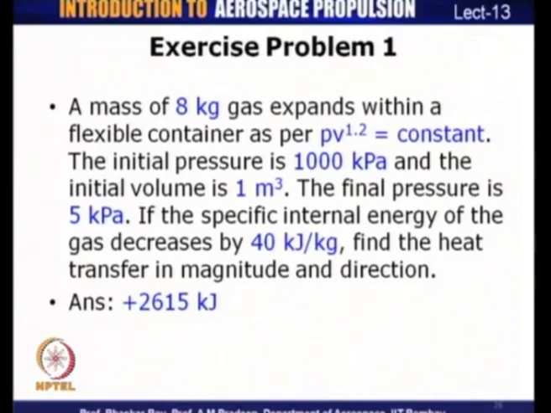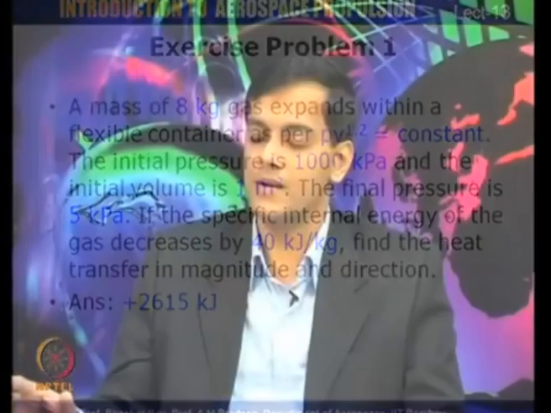So, this is the magnitude of the heat transfer during this process, which consisted of a PV raised to n equal to constant process, with certain pressures and volume given, and the mass of the gas given. So, you should be able to find out the work done for this process, and the heat transfer can be found out because the change in internal energy is also specified.